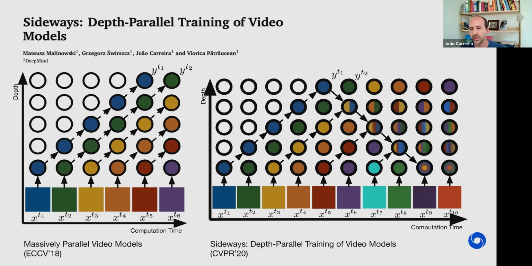This comes with very good memory savings, and it works assuming that there's not a lot of motion, which is usually the case. If you have 25 frames per second, there's little motion, and this is a decent approximation. It's like a noisy version of backprop that is very memory efficient and fast.